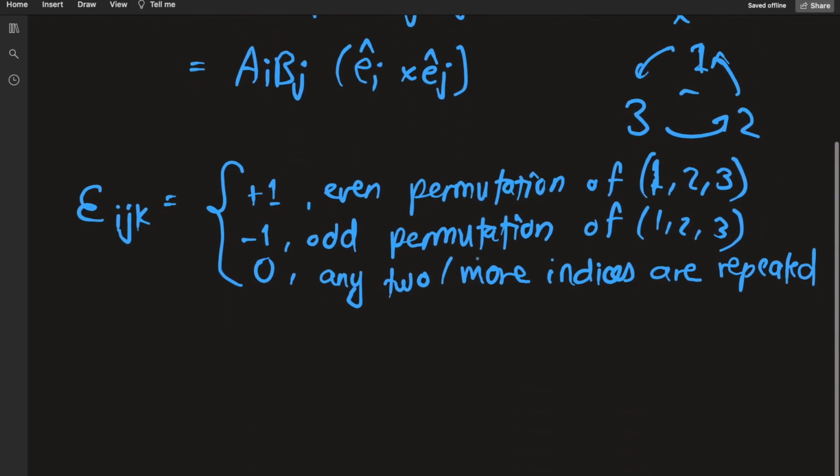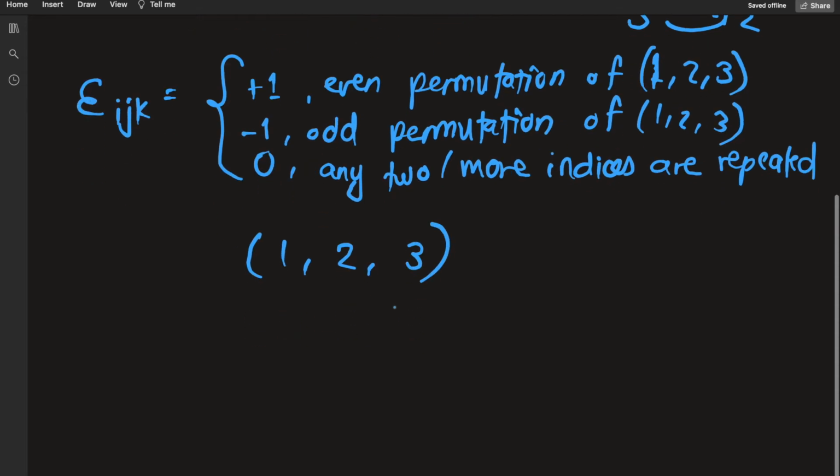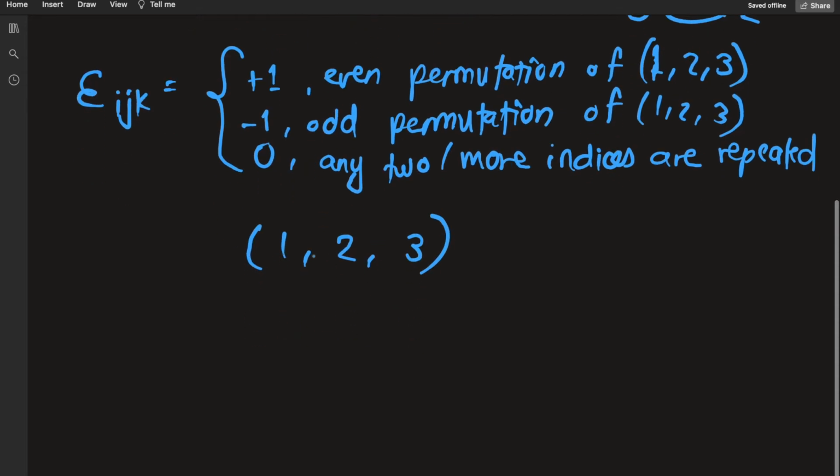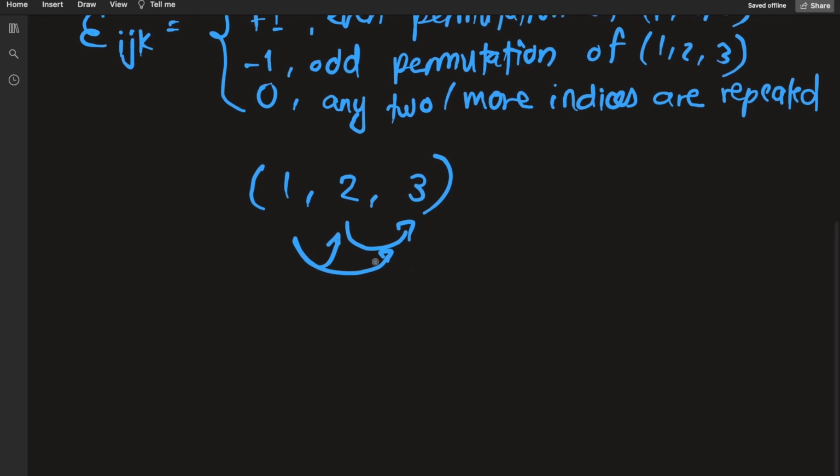And when I mean even permutation, what does that mean? If you're 1, 2, 3, because that's their natural order, an even permutation is when you change 2. So you move 2 numbers. You need to do 2 steps. 1 goes to 2, basically, not this way.